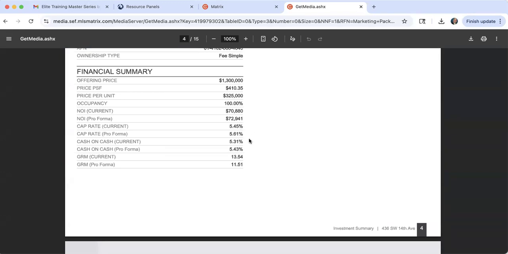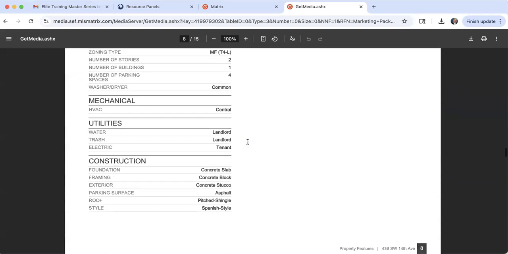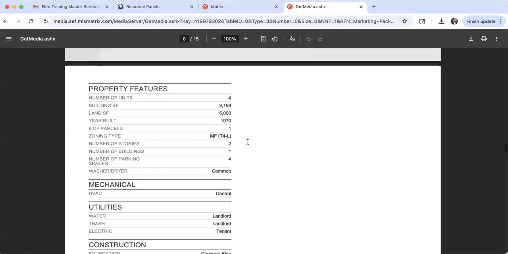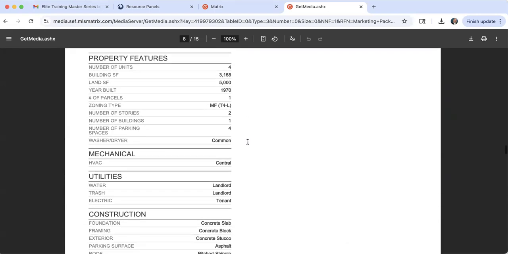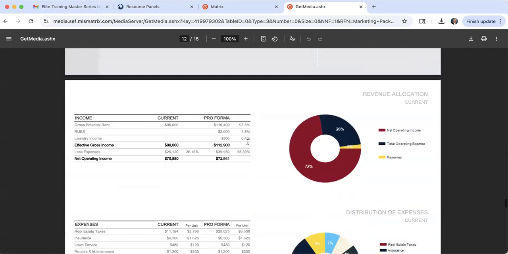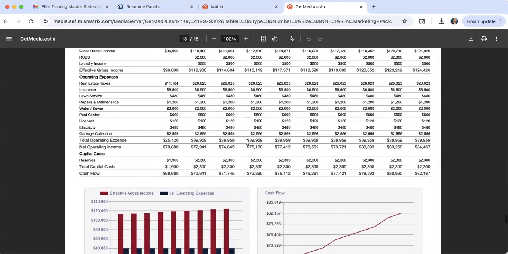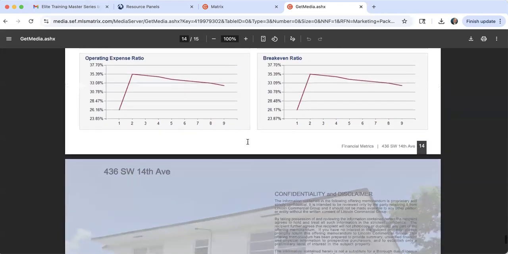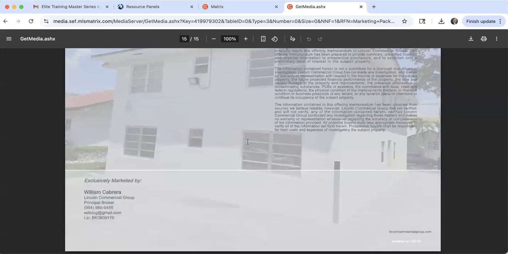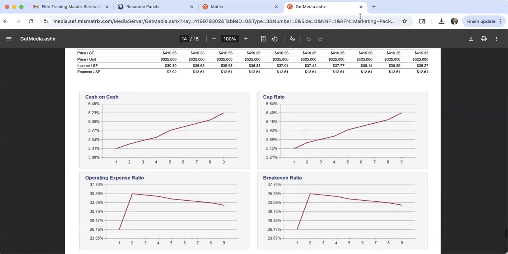Cash on cash current is 5.3%. So they did somewhat of a presentation for us, with utilities and expenses. This is a nice professional presentation by the listing agent.